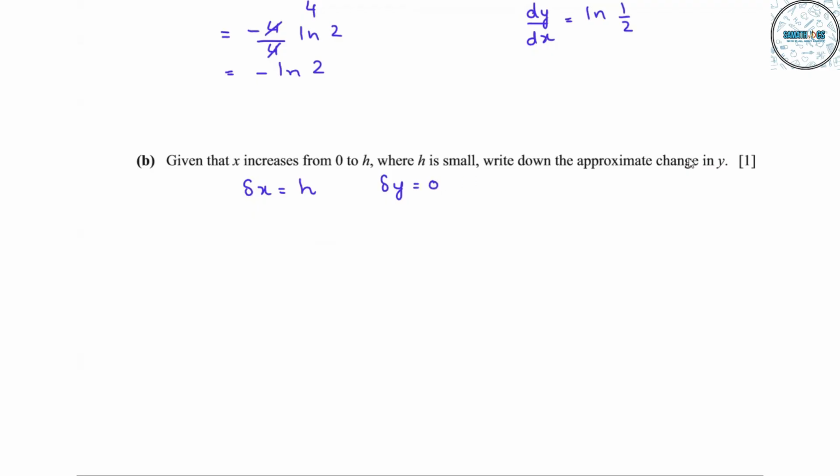So we will use delta y upon delta x is equal to dy upon dx. Delta x is h. And dy upon dx we have taken out in the previous part, which is ln 1 upon 2. So delta y is equal to h ln 1 upon 2.